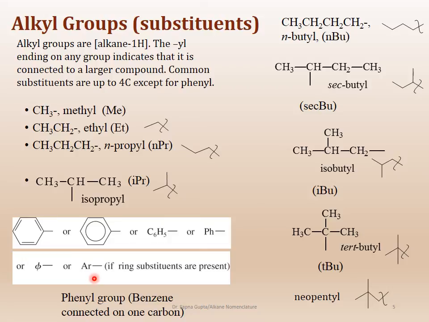If it does not have any substituents, which means if it's just a plain old benzene ring, then you would use Ph for that. These are all the alkyl substituents that you need for organic, and please memorize all of this. There is one more nomenclature that I will do for all of these in one of the later slides.